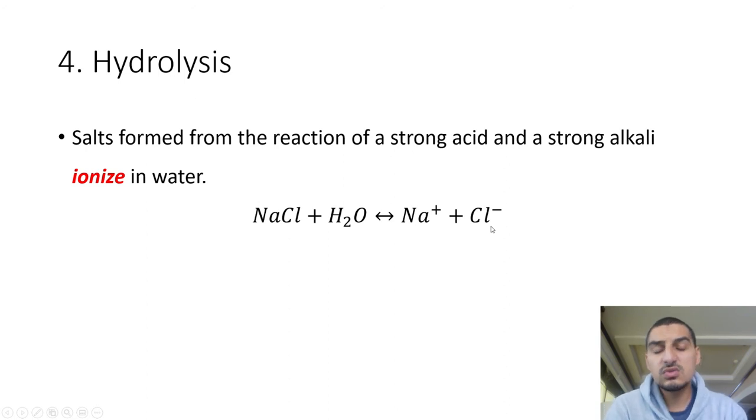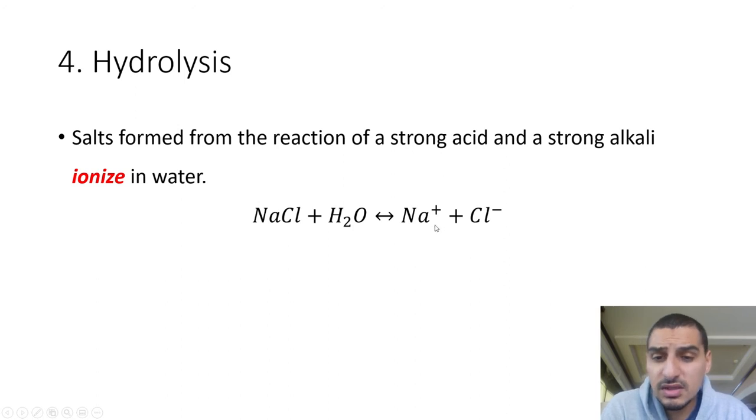Here I want to talk quickly about one thing that is important for you to know. Usually when you have a reaction, it is a reversible reaction, or all reactions are reversible. So NaCl plus water gives Na and Cl.